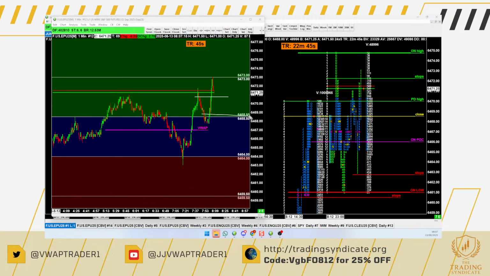Just keep it simple. VWAP just happens to be there, but I'm not paying any attention to it.